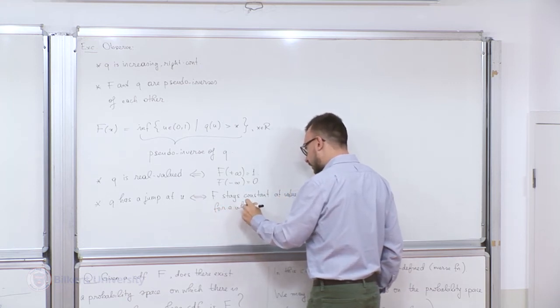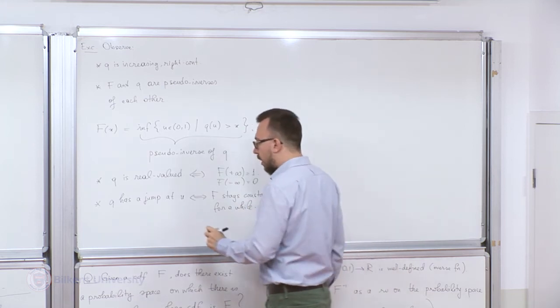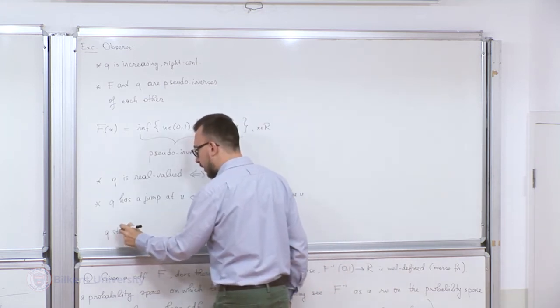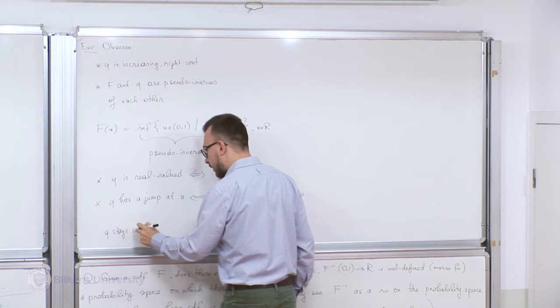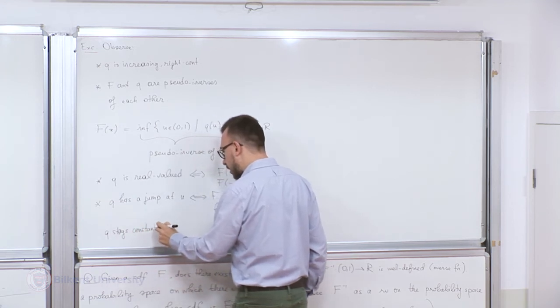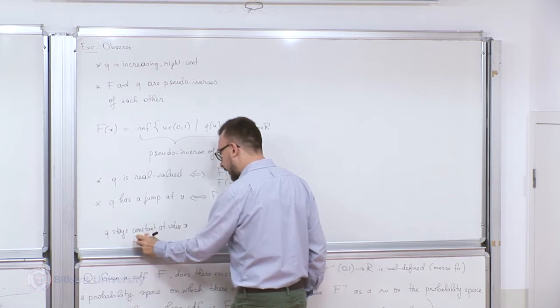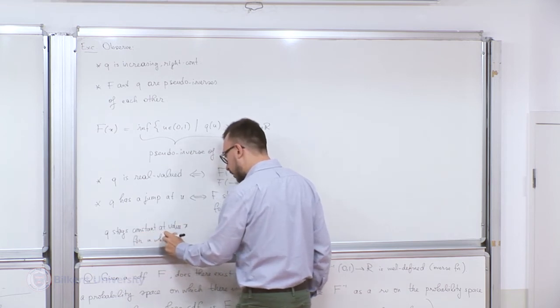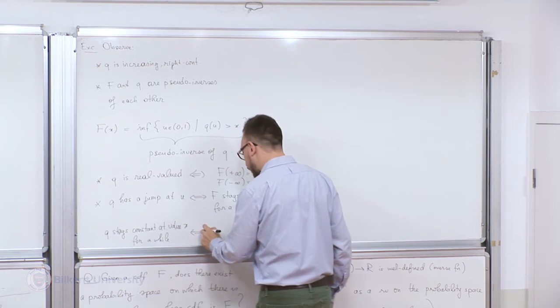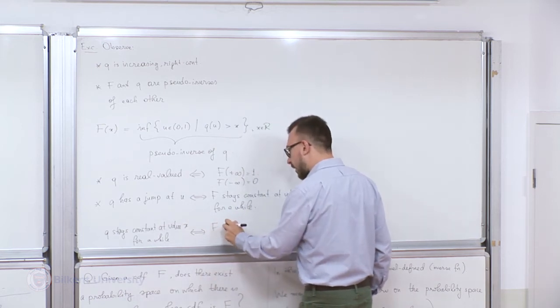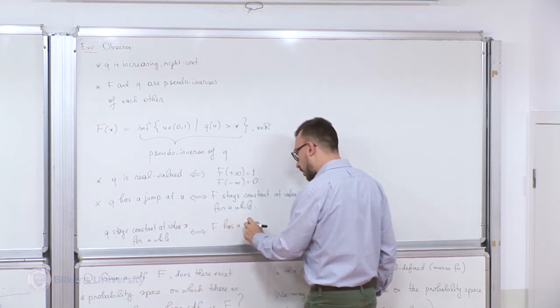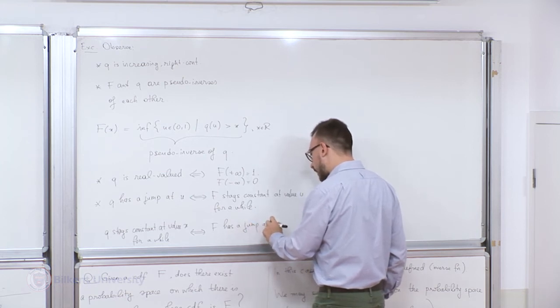I'm stating things in informal terms. Q stays constant at value x for a while if and only if F has a jump at x.